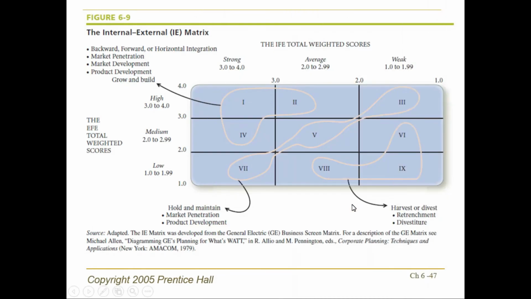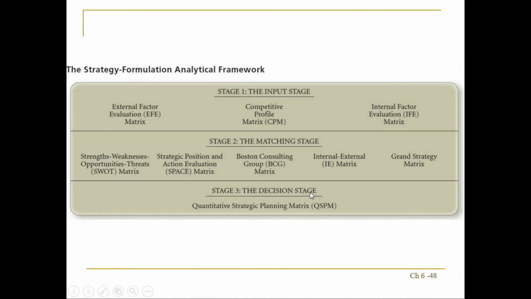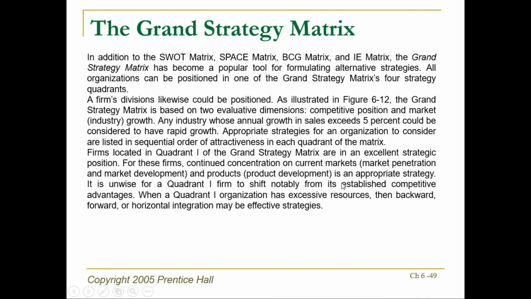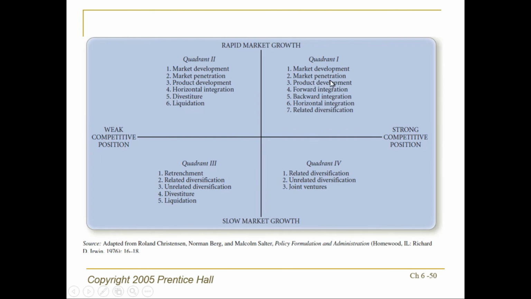So this is all about the internal-external matrix, and the last one is the grand strategy matrix. You can see here again there are 4 quadrants. In quadrant number 1: market development, market penetration, product development, forward integration, backward integration, horizontal integration and related diversification.